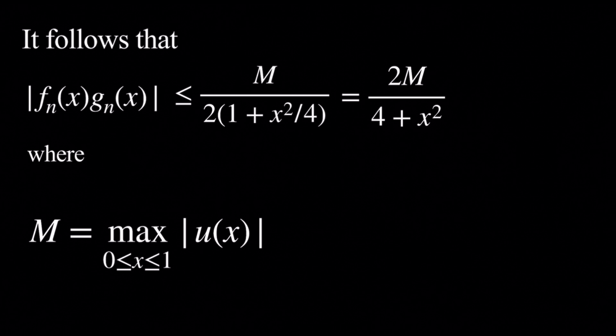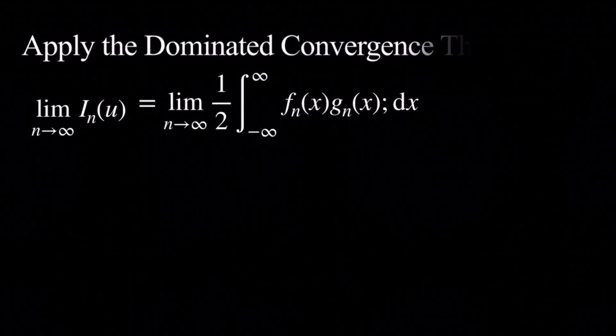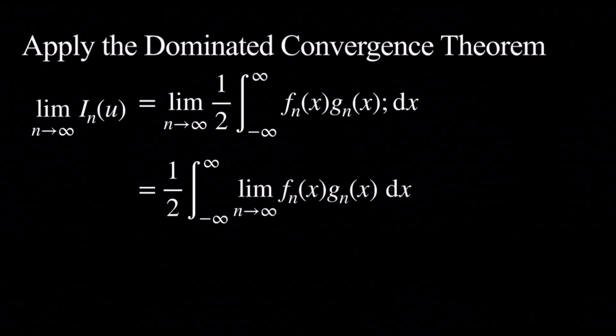So we can apply the Lebesgue Dominated Convergence Theorem, and we're going to have that the limit of I_n(u) is equal to, now we just apply the dominated convergence theorem, the limit that is outside of the integral goes inside the integral.